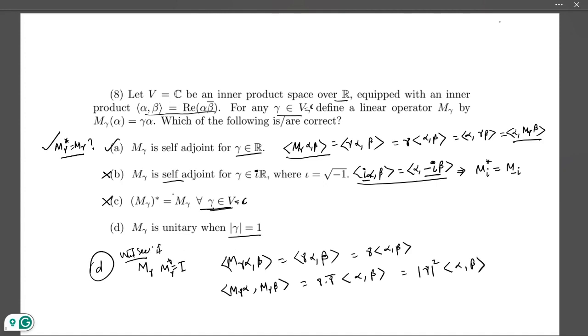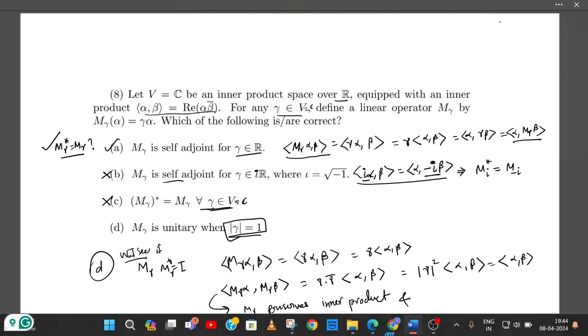But norm gamma squared is just one because of this. So this is just alpha beta. It preserves, M gamma preserves the inner product. Correct?